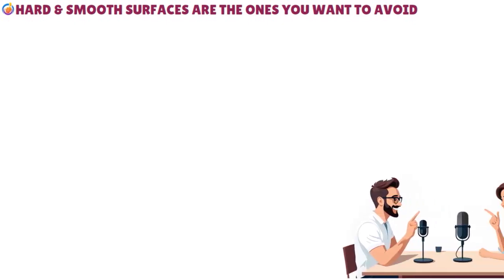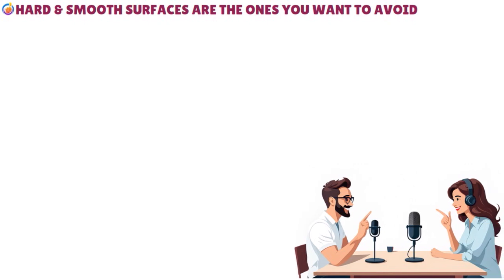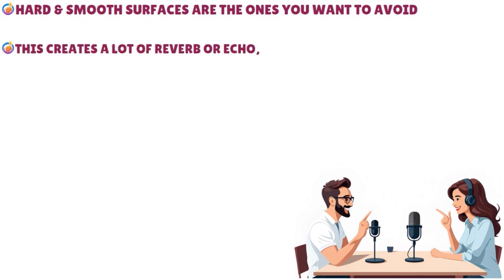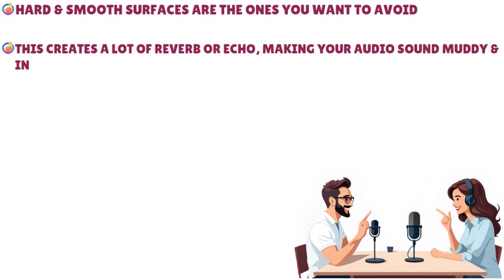Think of a recording studio with walls made of concrete, glass, or metal. Those walls do not absorb sound very well. Instead, they reflect it back into the room, and you do not want that, because when you have the reflection back into the room, this creates a lot of reverb or echo, making your audio sound muddy and indistinct.